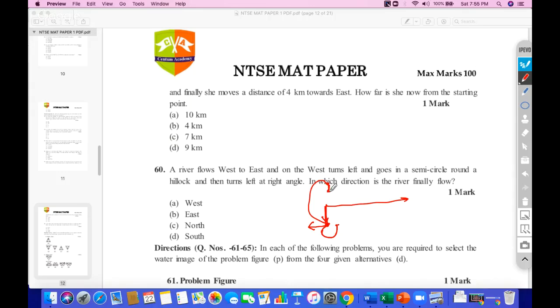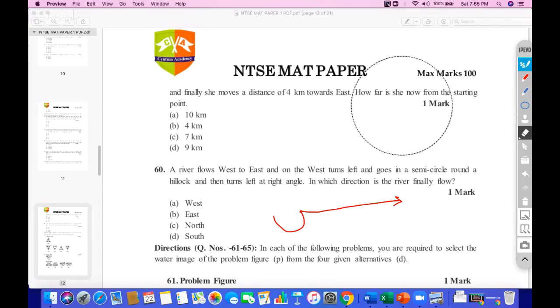So this is east. This question is a bit tedious, word wise. So our river flows from west to east. So this is like here. On the west, turns left and goes in a semicircle. So some semicircle like this would form. No, one second. This is not a semicircle. This is a full circle.